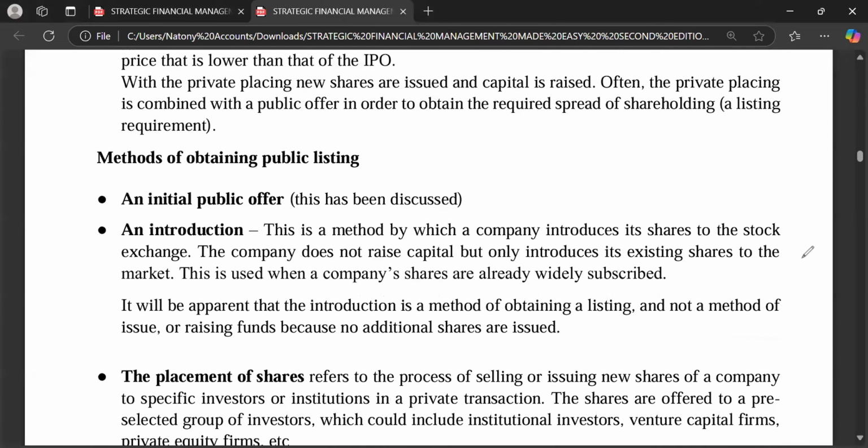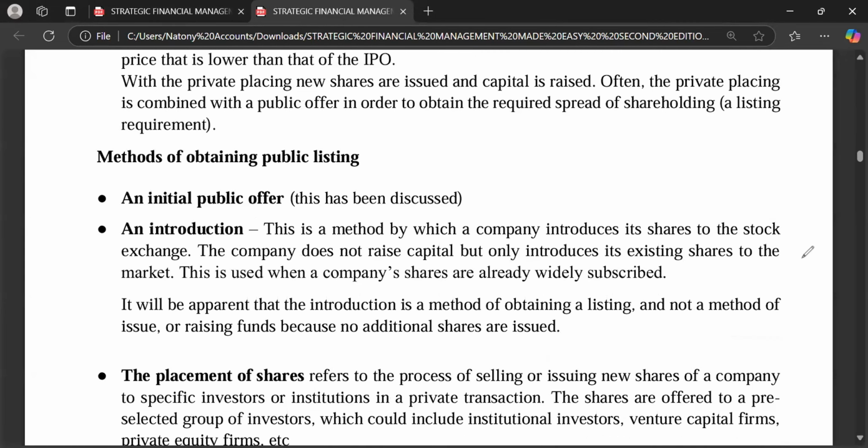Methods of public listing. A company can go public through an initial public offering, which is the most common. Another is an introduction, where the company is not raising money; it is just introducing its shares to the exchange, and the shares are already widely subscribed.